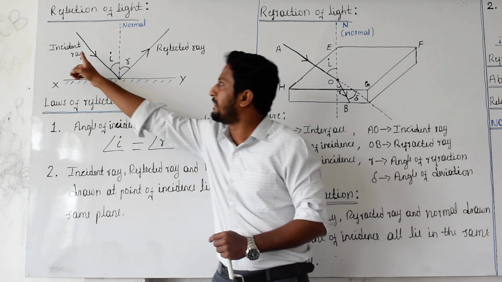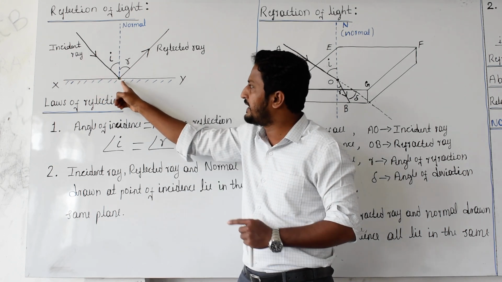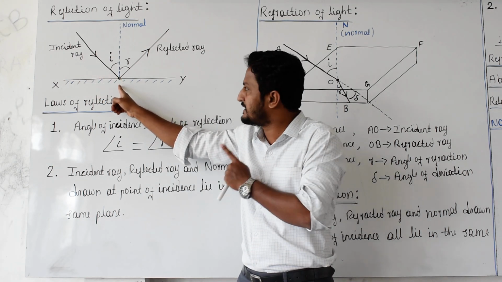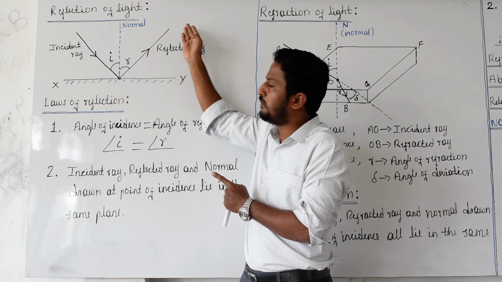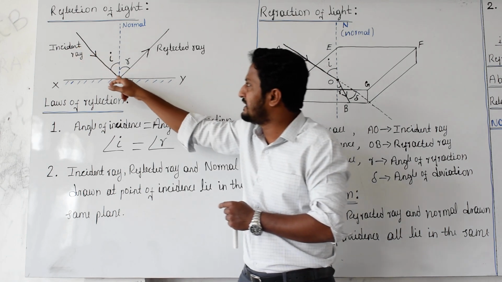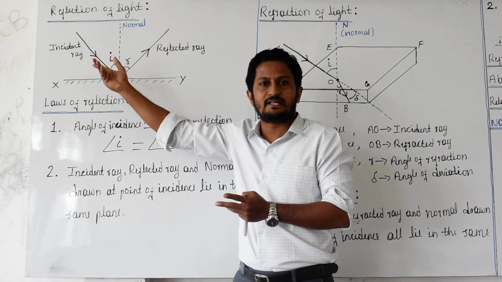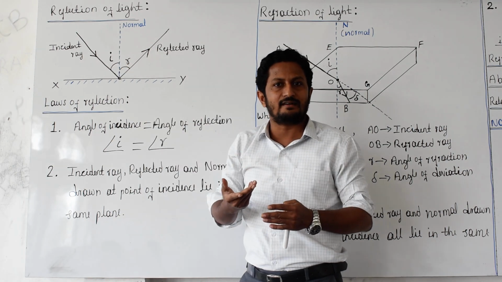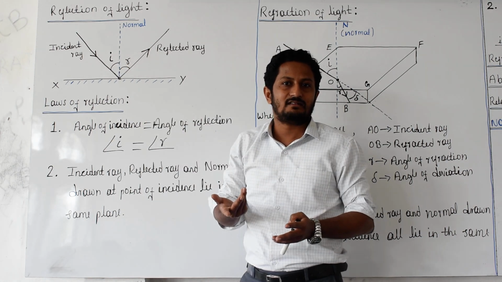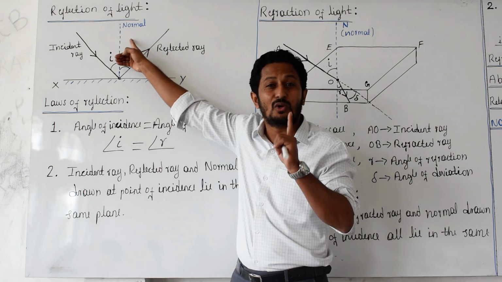You see here, this light ray is coming and going to hit the surface at this point and bounce back. Here it is coming in this plane. Obviously it subtends a certain angle. Here that angle we have to take with respect to the normal.